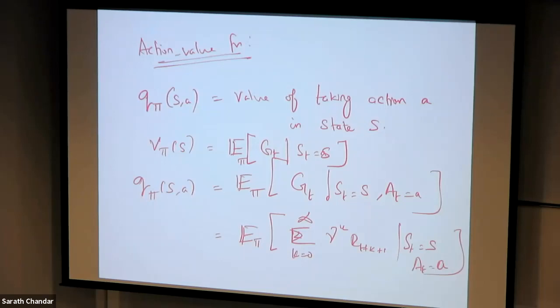Okay, now the next question is how to estimate these value functions. We have already seen a technique in the past. Can someone give me an idea about how to estimate Q values or V values? Yep.